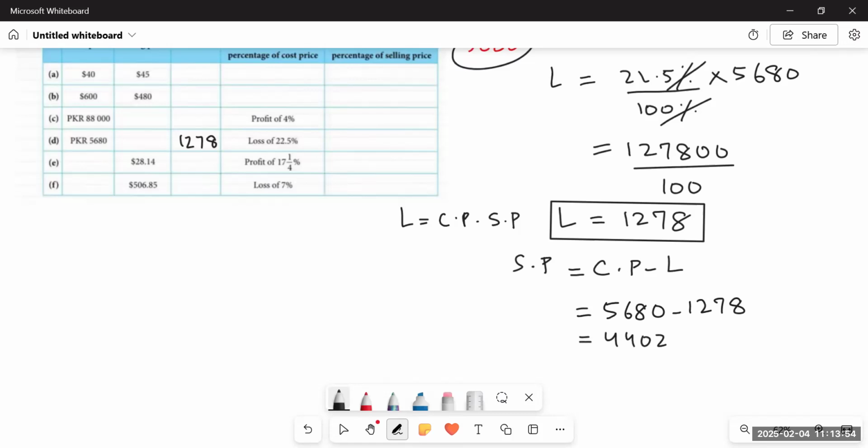You see, the selling price is less than the cost price. After subtracting the loss from the cost price, we have got a smaller selling price than the cost price. And now we can easily find out the loss as a percentage of its selling price. How? Using the same formula.